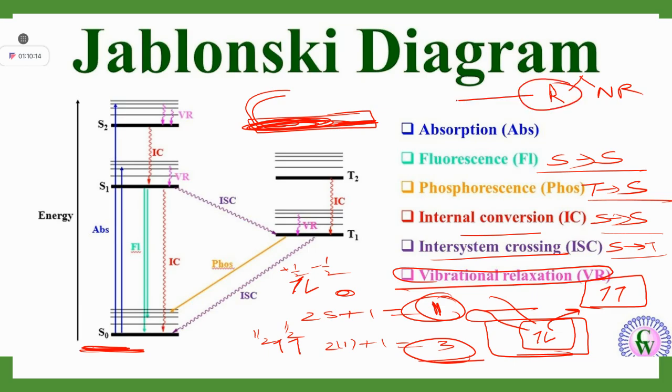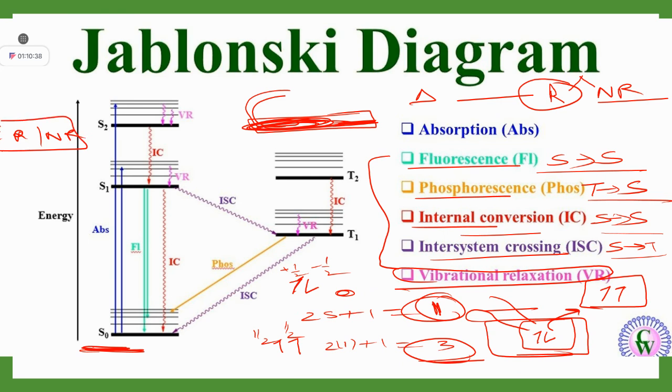Radiative means by release of heat. Non-radiative means without releasing heat. So in the next class I am going to ask you, among these five processes, fluorescence, phosphorescence and so on, which are radiative and which are non-radiative. You just read all these things. I will ask you in the next class.